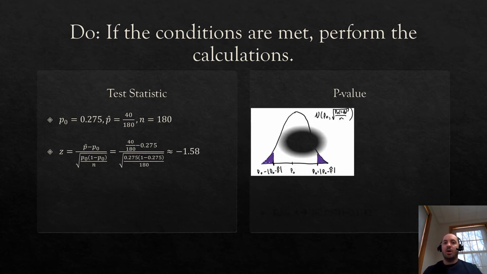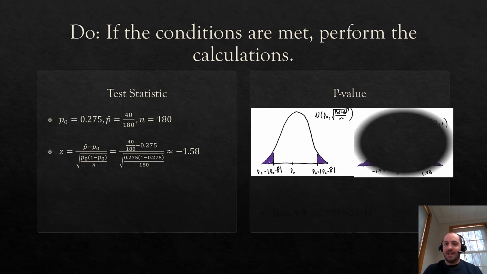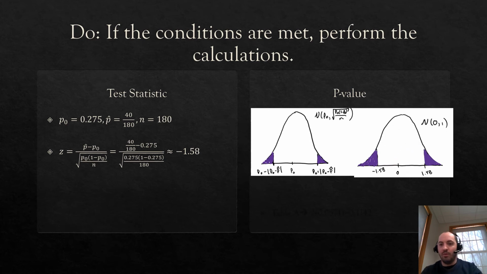So in our picture, this is our non-standardized normal curve, but that's confusing, so we really go over to our standardized land, and this is the picture we're looking at. The area in the tail in this picture on the right is going to be the same as the area in the tail on the left, so we're looking at the area outside of z-scores of negative 1.58 and positive 1.58.